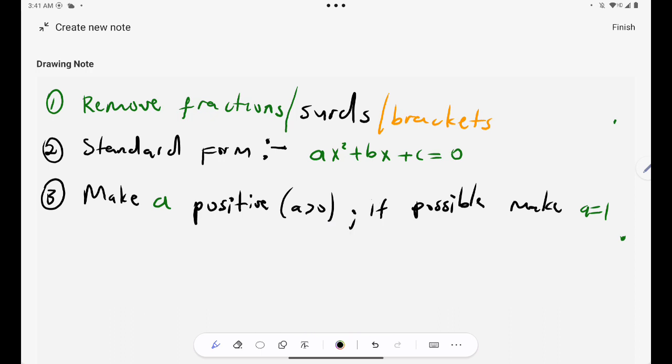And then step number 4, you simplify. Part of simplifying is factorizing, né?